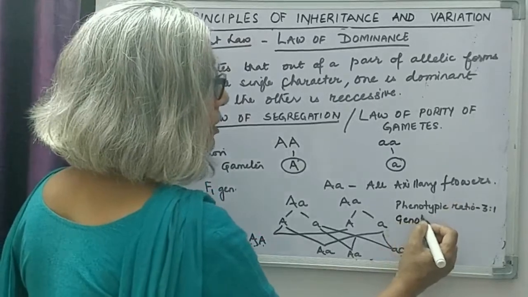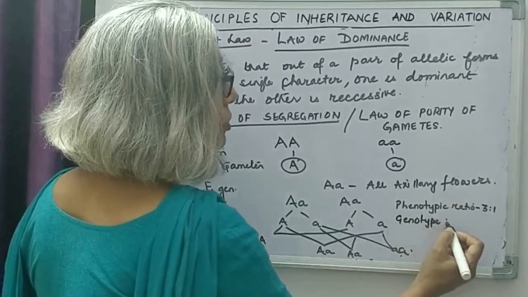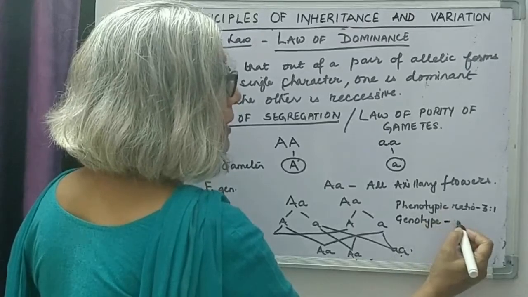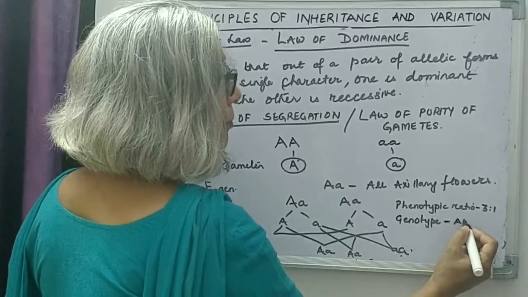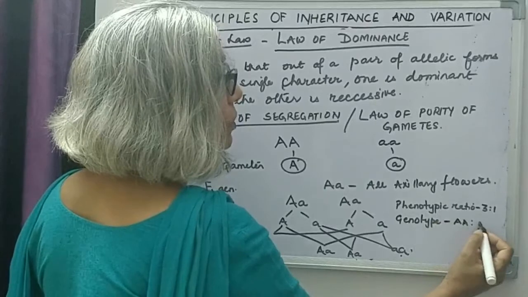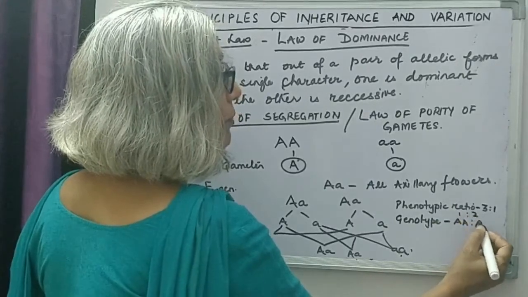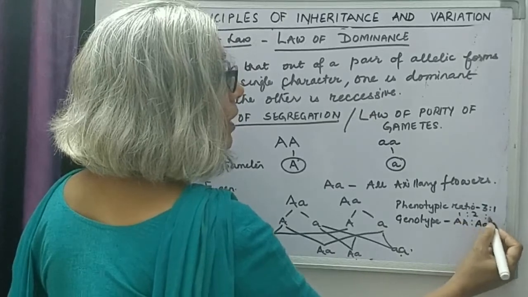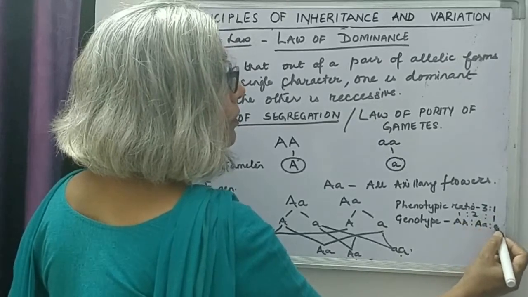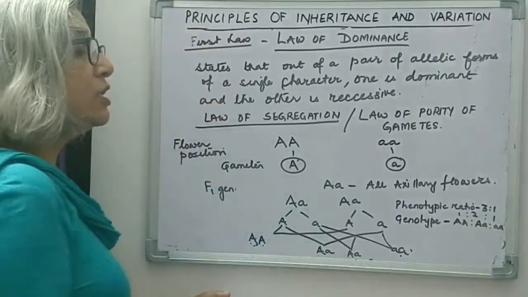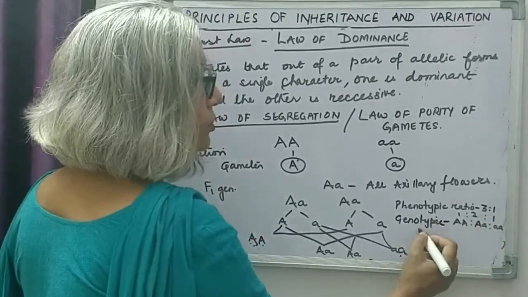And genotypic ratio is also 1 pure axillary, 2 hybrid and 1 pure terminal. That is 1:2:1 is the genotypic ratio.